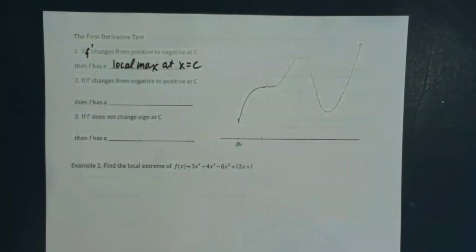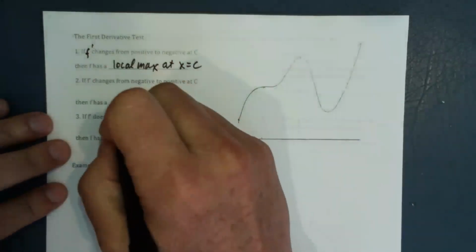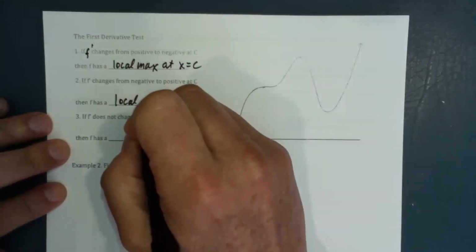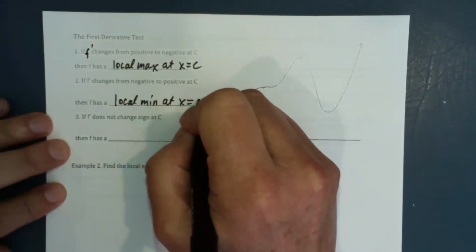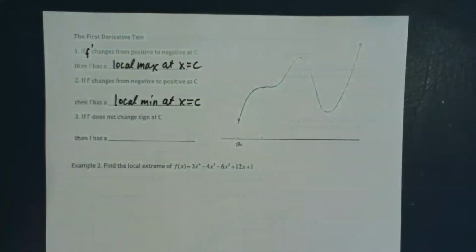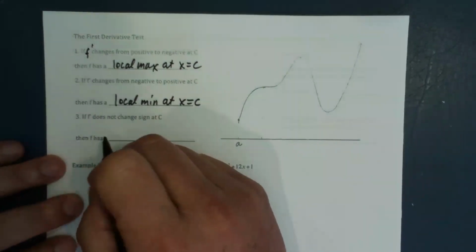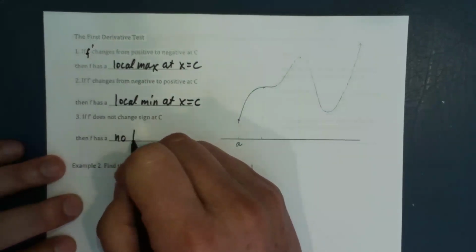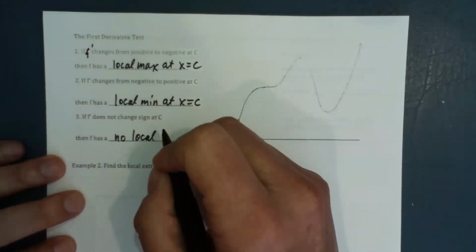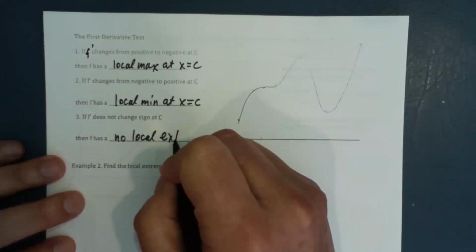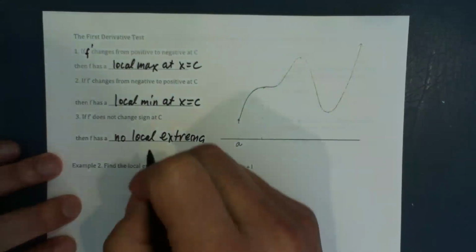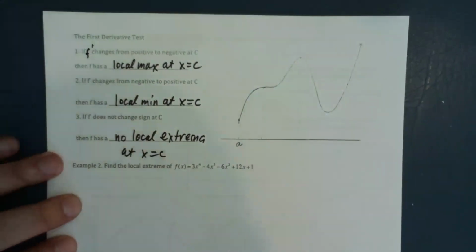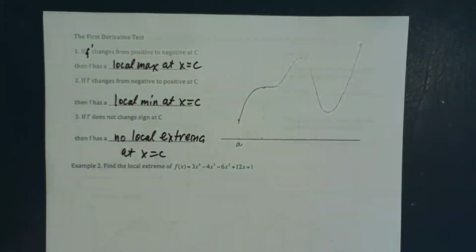If f prime changes from negative to positive at c, f has a local minimum at x equals c. Now, if the sign doesn't change at c, then f has no local extrema, meaning no local min or max at x equals c.